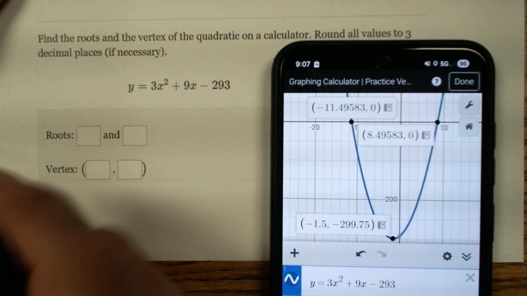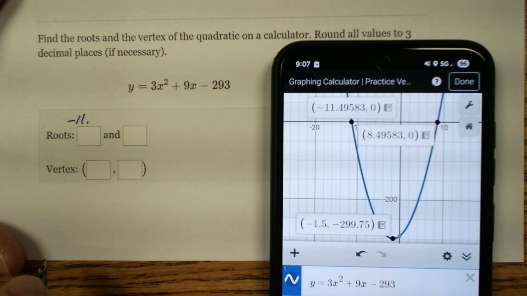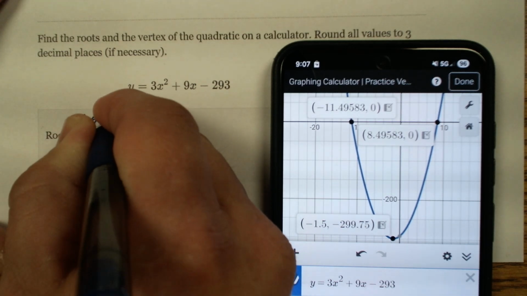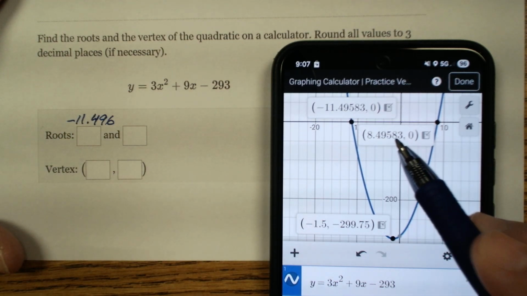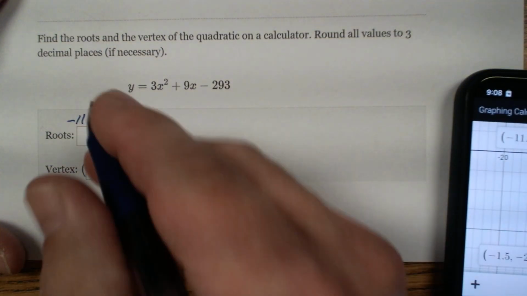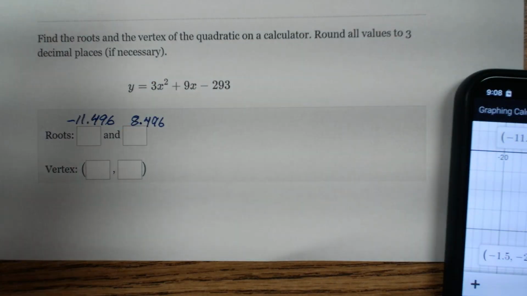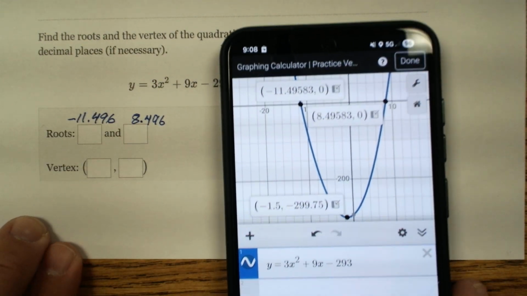So one of my roots is -11.496. And then the other one is 8.496. I'm going to have to round up there as well, 8.496. Didn't have enough room in the boxes, so I just kind of wrote it up above them. Anyways, those are the roots.